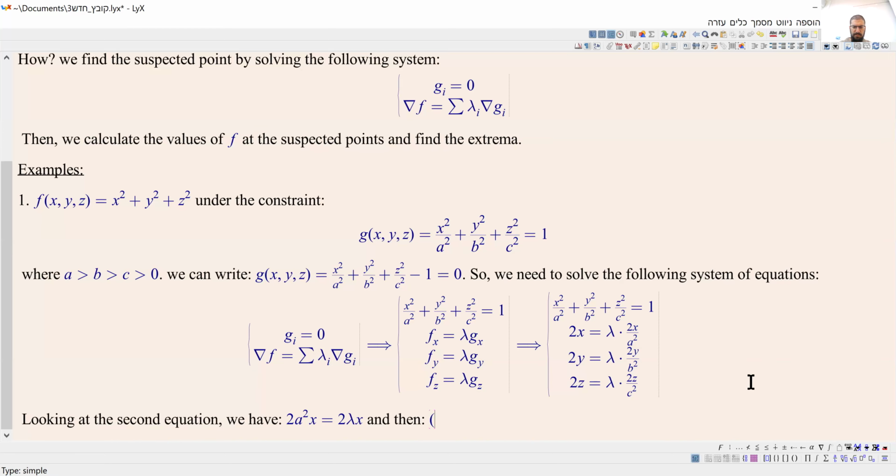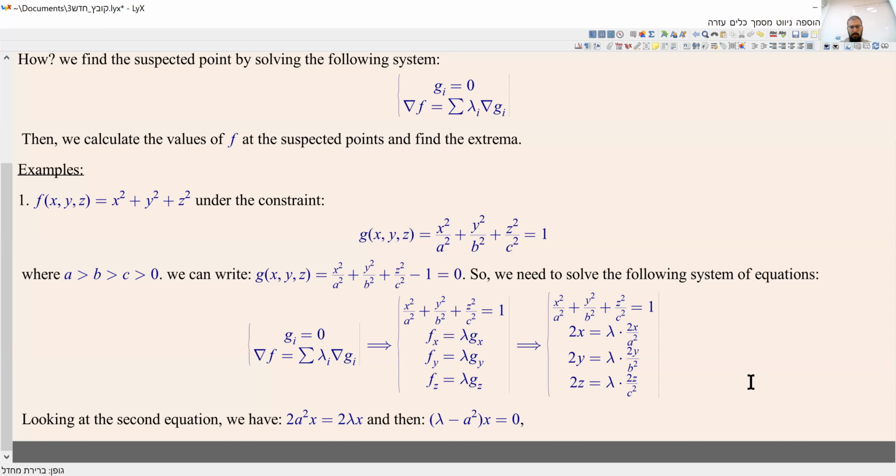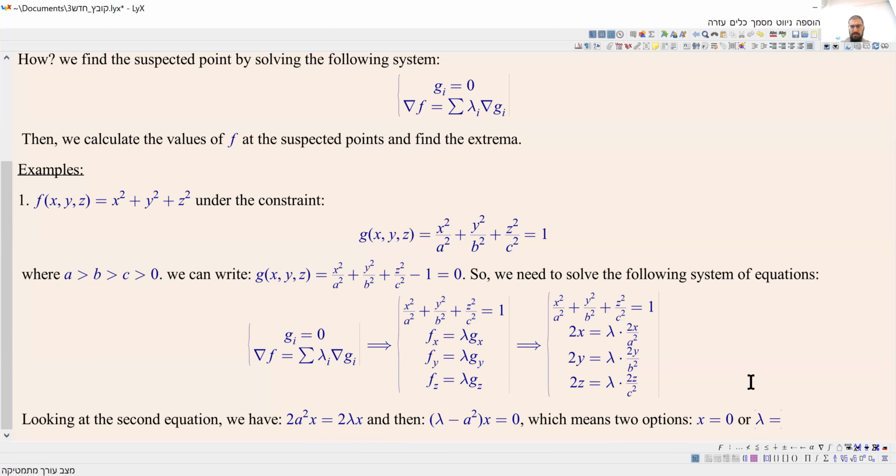Let's take x as a common factor, and it is 0, which means two options: x is 0 or lambda is 1 over a squared. The third and the fourth equations are solved similarly.